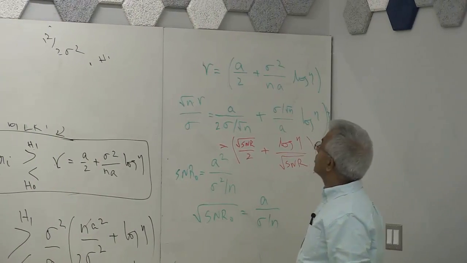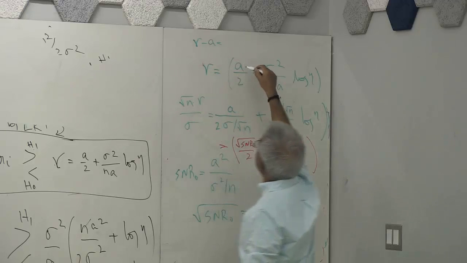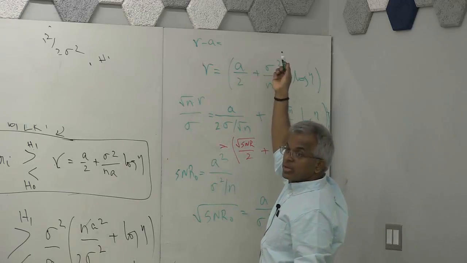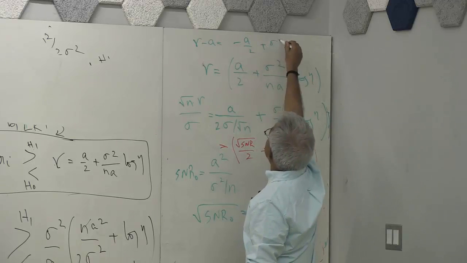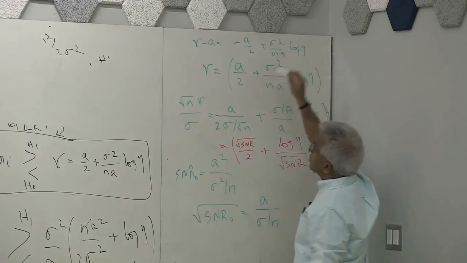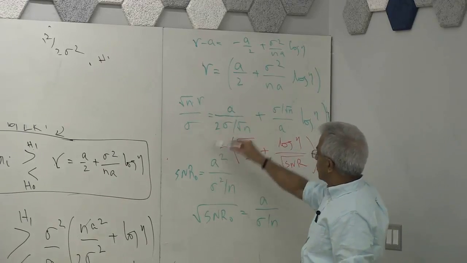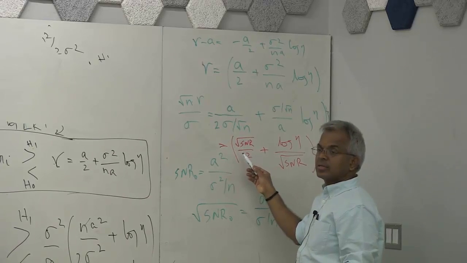So what is gamma? Gamma is here. So what is gamma minus a? Remember, you have a by 2. So this becomes minus a by 2 plus sigma squared over na log eta. Then if you multiply by square root of n, you will get exactly the same expression with the minus here, right?